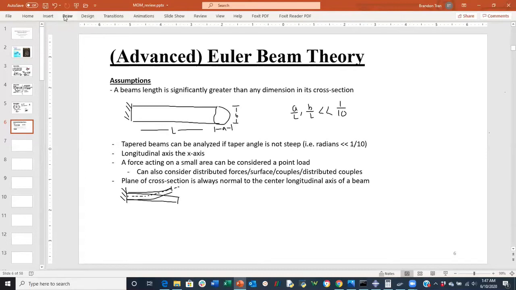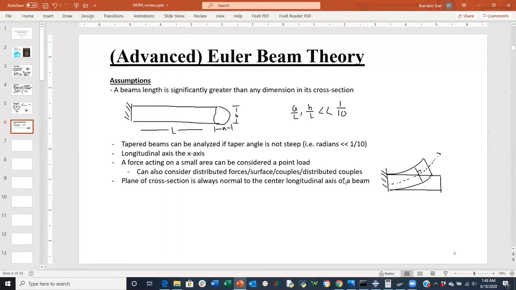I should draw this bigger actually. What I mean by this is that, let's take for example a cantilever beam here. If the beam were to deflect as such, and we would draw an axis about the camber of a beam, this axis right here would always be perpendicular to the cross-sectional face along the length of the beam.